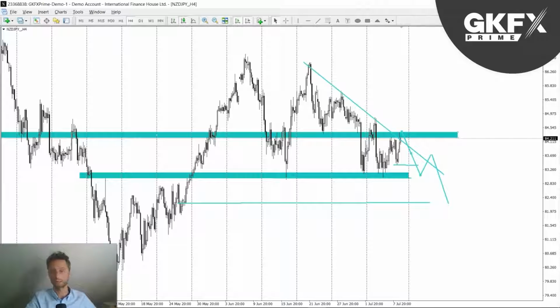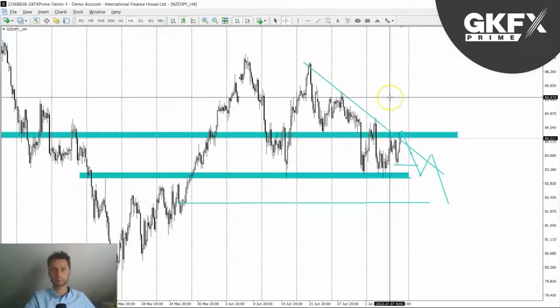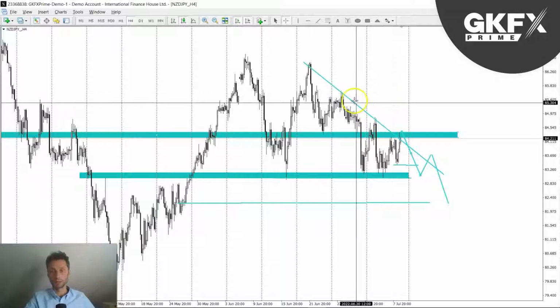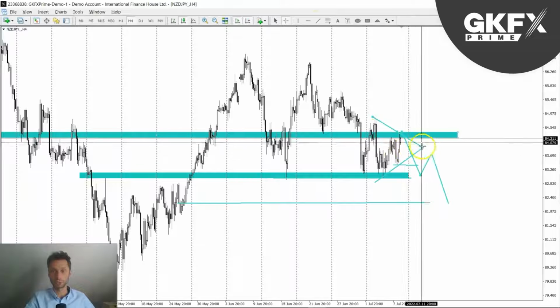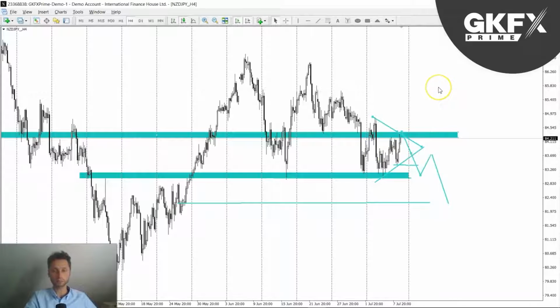Again, just remembering, we've got the New Zealand rate statement, which will be very important. Usually these big statements are one of the major news, rates from the central bank. And what does happen before that volatility kicks in, as you can see here, we've got a consolidation in the market, and in this case here we have a bit of a, some people call it a wedge, where the market just kind of squeezes in, and then the volatility starts to kick in.